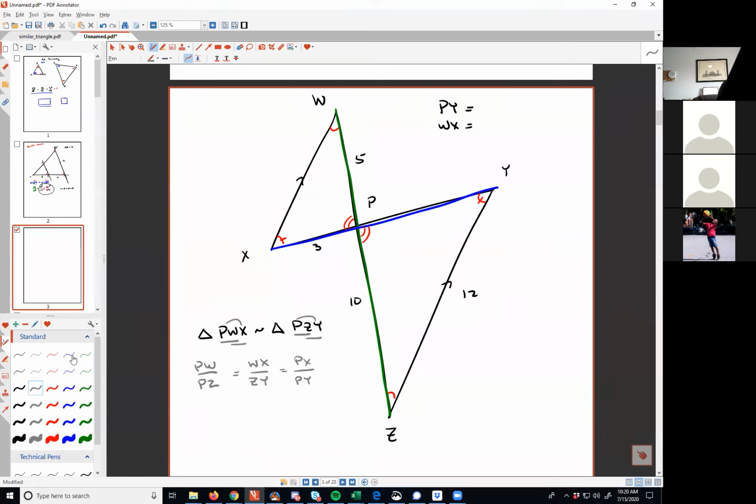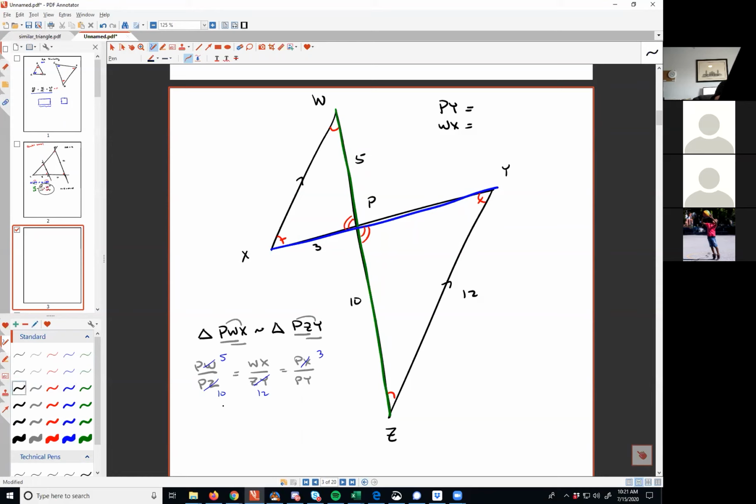Okay, so now let's fill in details that we have. PX equals 3, and PW equals 5. PZ is 10, and YZ or ZY is 12.